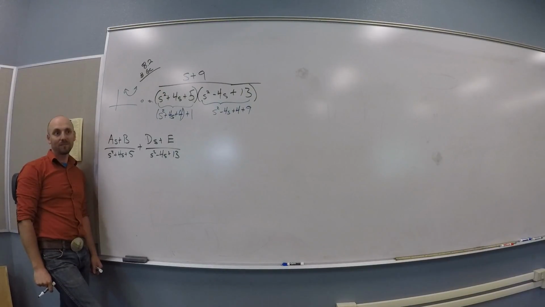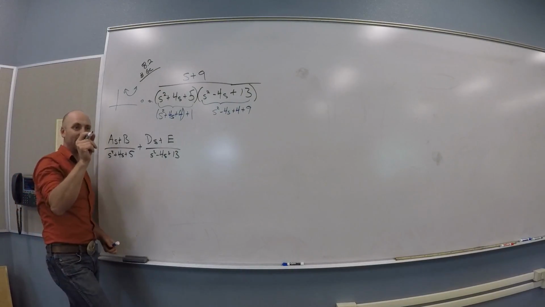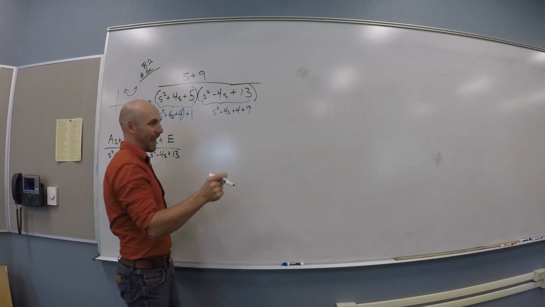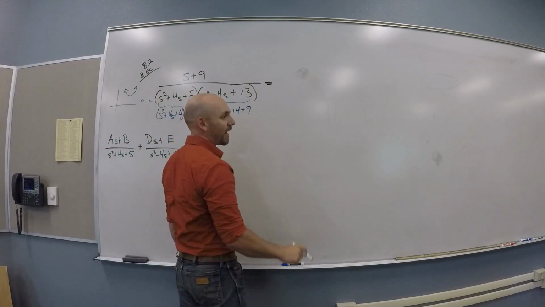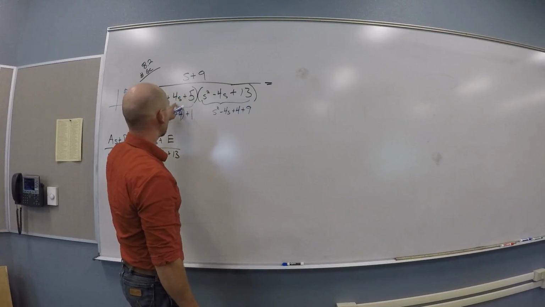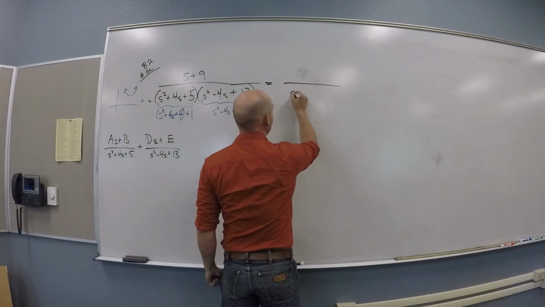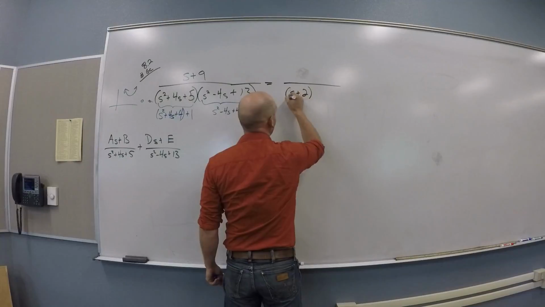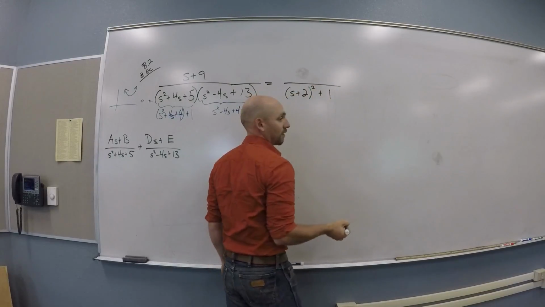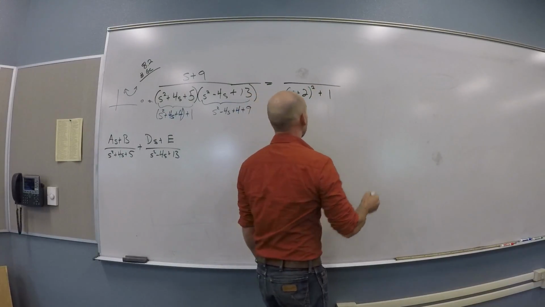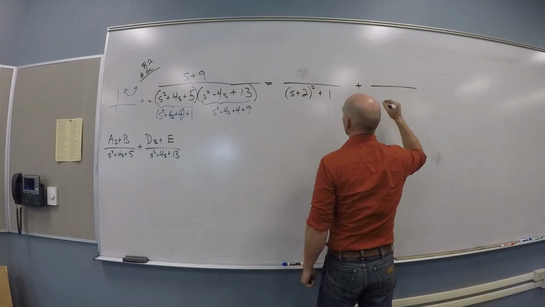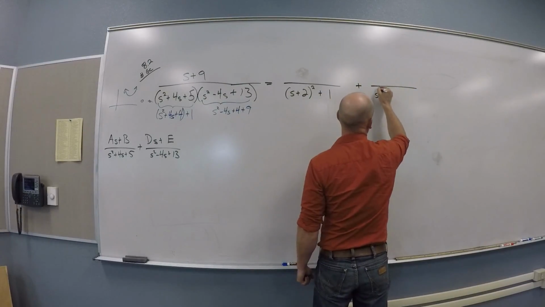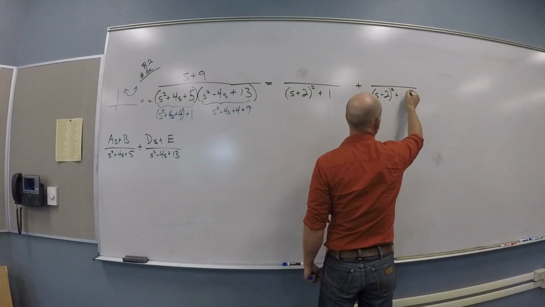You guys see that? It's a good idea to aim at that. The thing you want to aim at is the bottoms are going to look like (s plus 2) quantity squared plus 1, and (s minus 2) quantity squared plus 9.